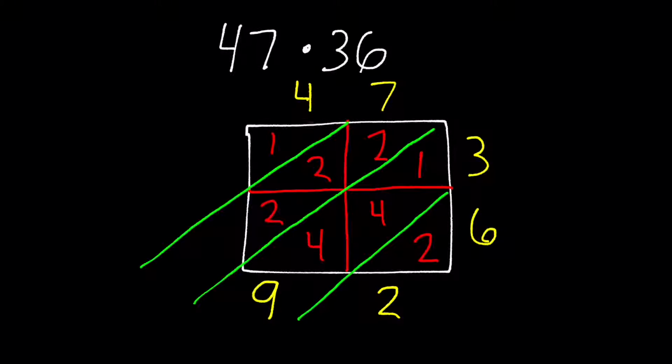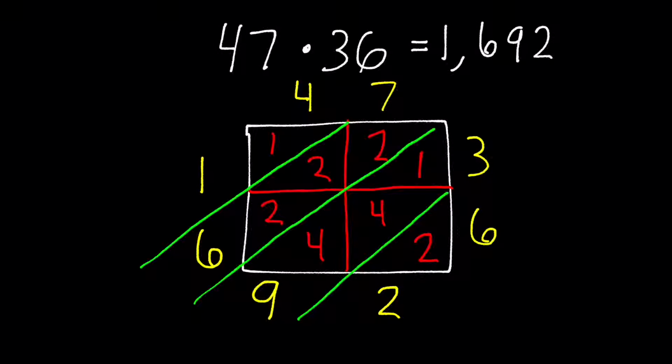So that sum is going to be 6. And then lastly, we have the 1 all by itself, so we get 1. So 47 times 36 is equal to 1,692.